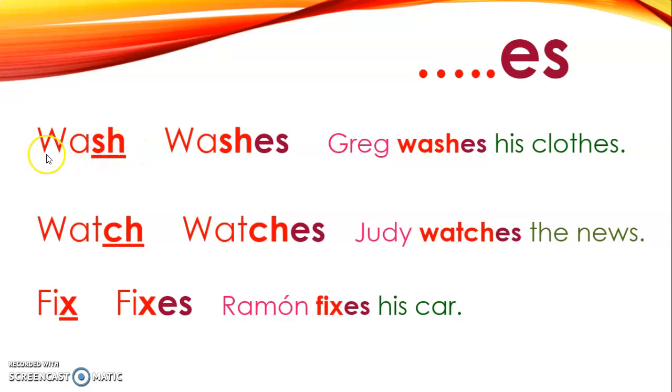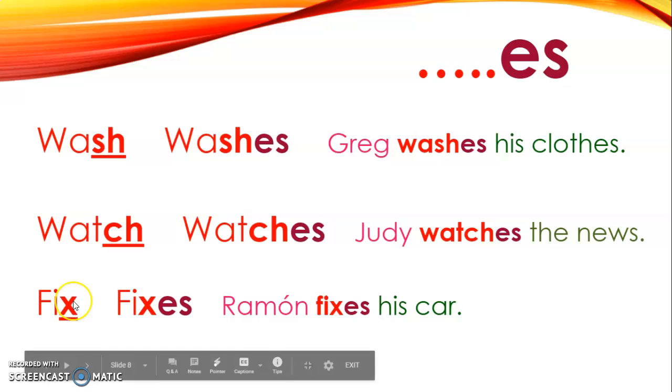For example, wash, washes. We add ES. When the verb finish in CH, watch, watches. We add ES. When the verb finish with X and we add ES, fix, fixes.